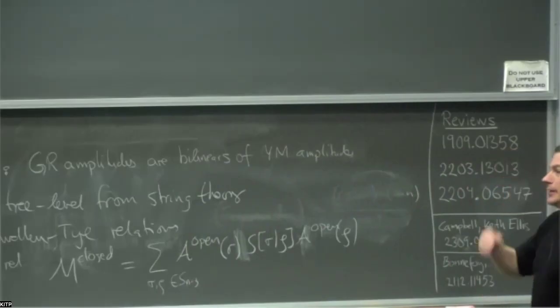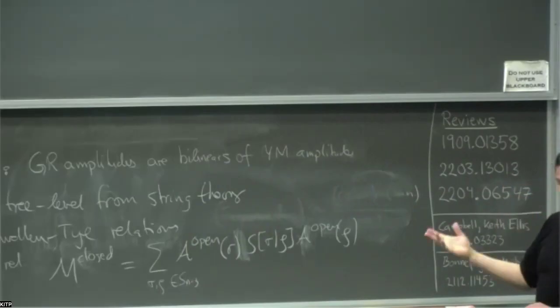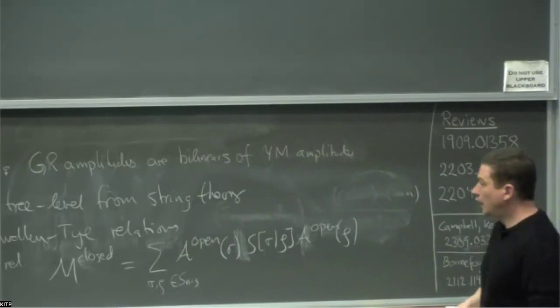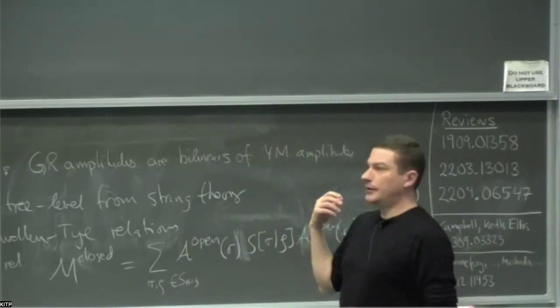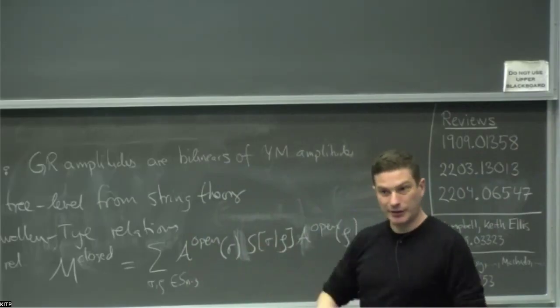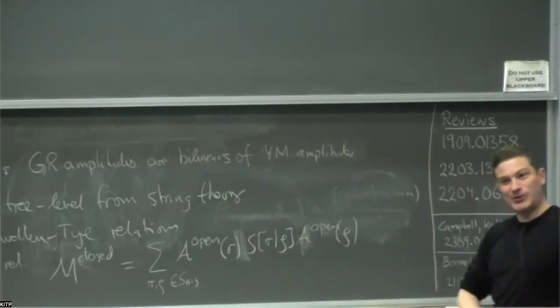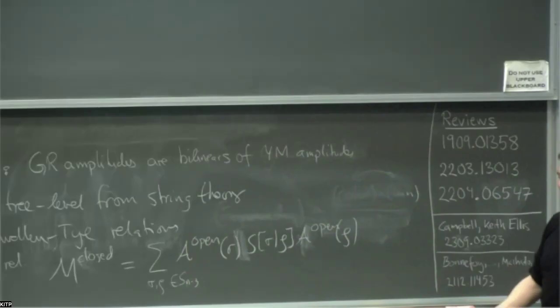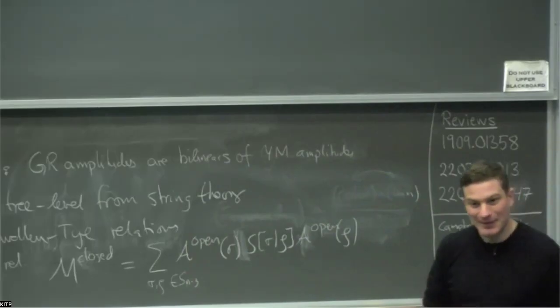There are 4 of them: a real, a complex, a quaternionic, and an octonionic. It turns out that the real, complex, and quaternionic ones you can derive from string theory, no problem. But the octonionic one, nobody knows how to derive it yet.